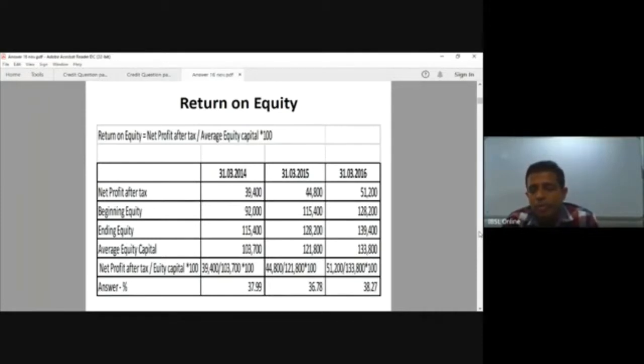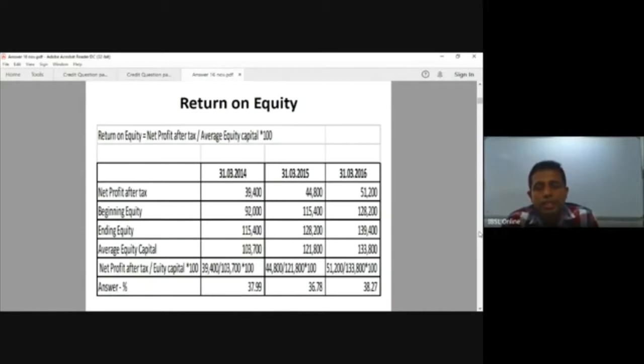If you remember that slide that I discussed, under part C, I said if the two items are from the income statement, or if the two items are from the balance sheet, no need to take any average balances. But if one item is from the income statement and the other item from the balance sheet, in that case, the item from the balance sheet should be used as an average balance.